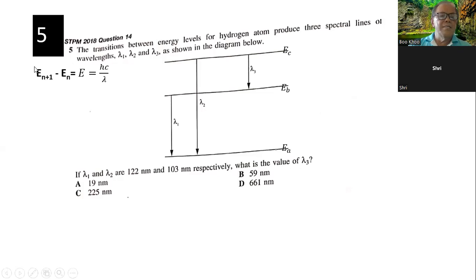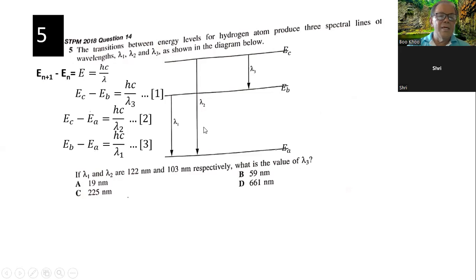Right? There's a different energy level. That's the wavelength emitted. So EC to EB, there's a lambda 3. And EC to EA, there's a lambda 2. And then EB to EA, there's a lambda 1.